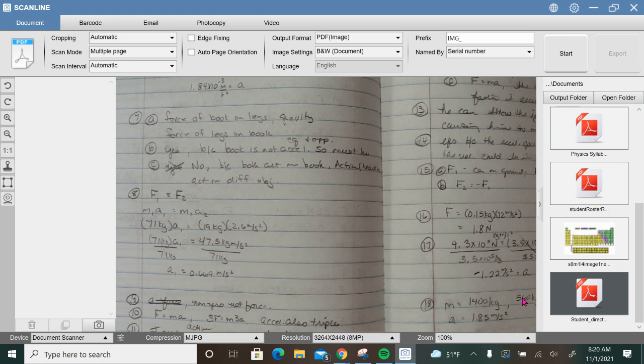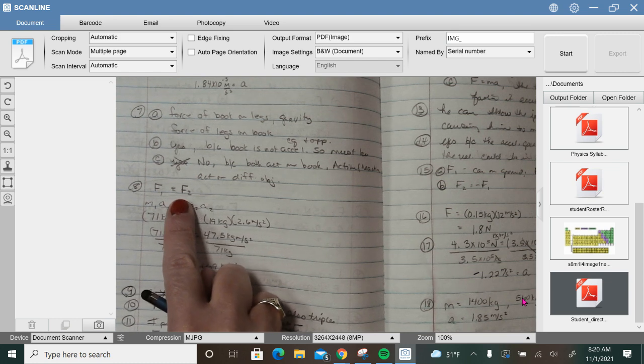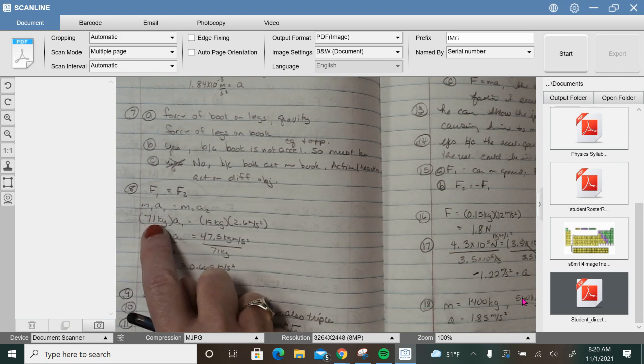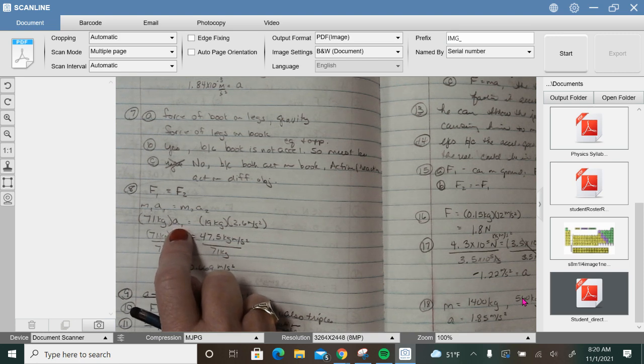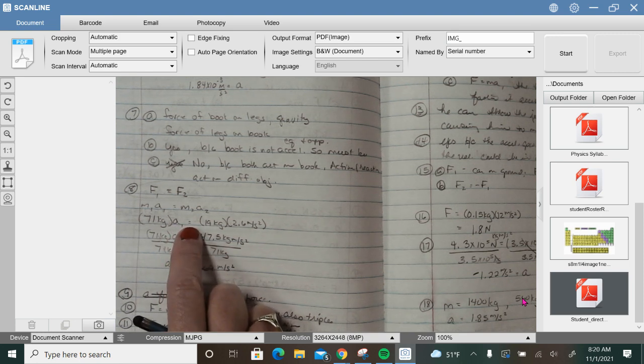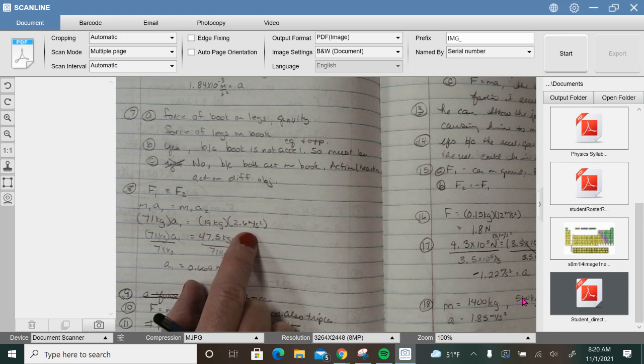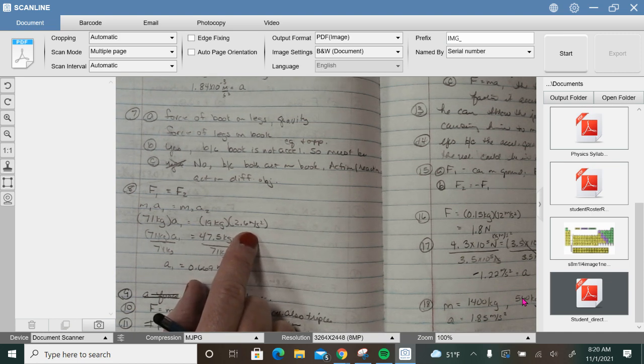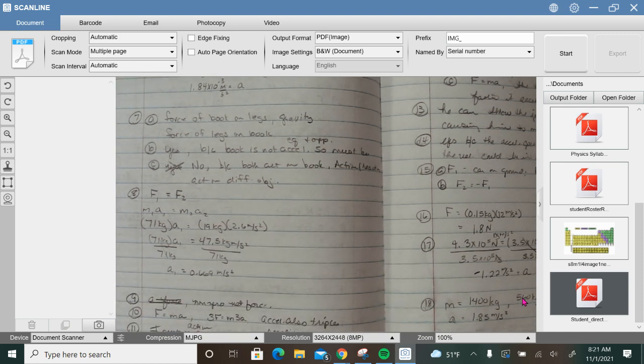What is the magnitude of the parent's acceleration? You're just going to set the two forces equal to each other. So the mass of the parent times the parent's acceleration, which we don't know, has to equal the mass of the child times the child's acceleration, because they're starting at rest, and they're putting their hands together and pushing.